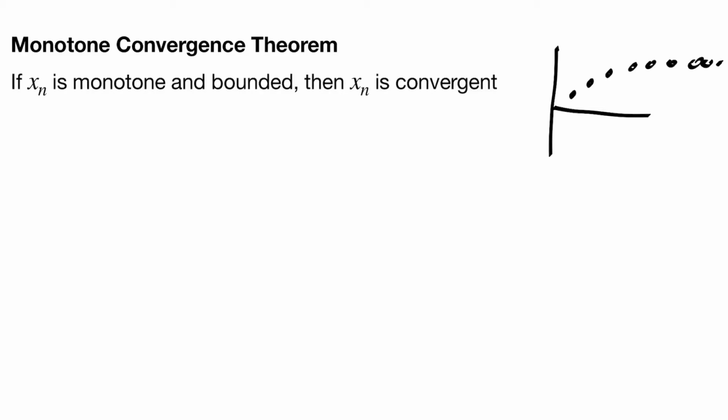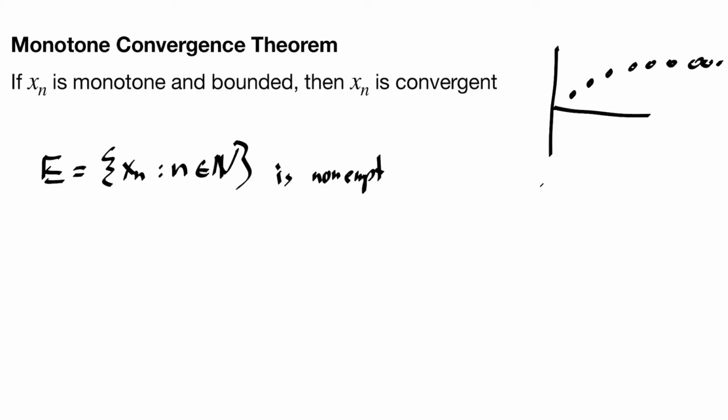What I'm going to do is start by letting E equal all these sequence points as a set, the set of x_n such that n is an integer. And what I'm going to notice about E is two things. It is non-empty, and it is bounded.